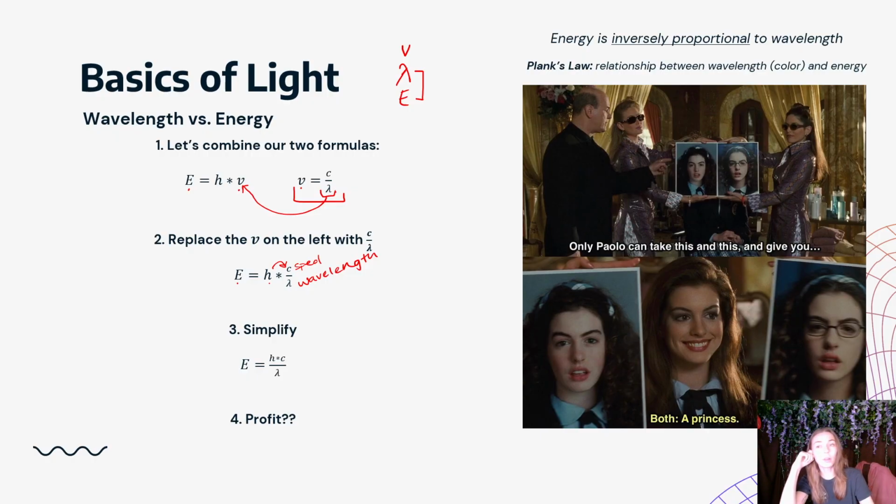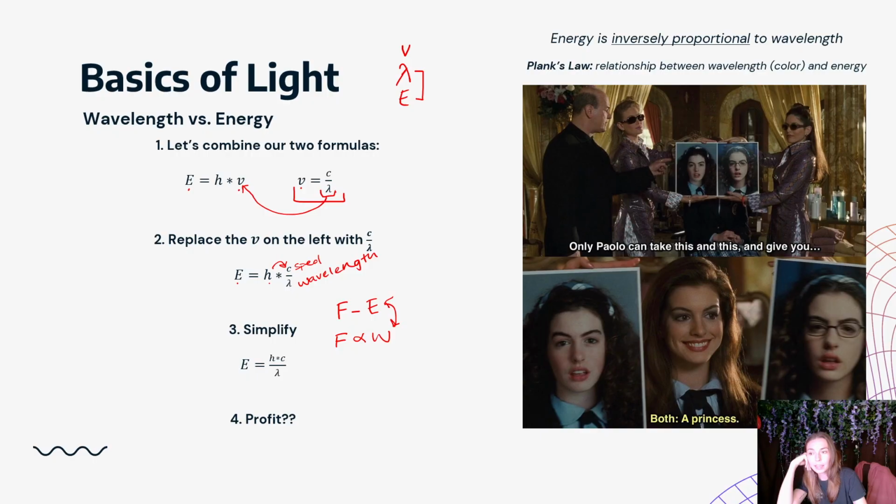It's really that simple, which means that because the relationship between frequency and energy is direct, and the relationship between frequency and wavelength is inverse, then the relationship between these two things is probably inverse as well.